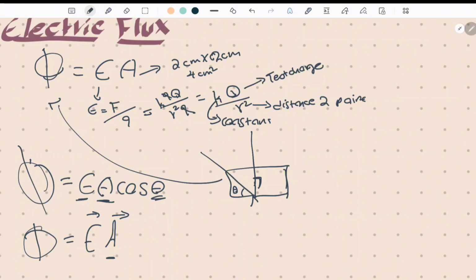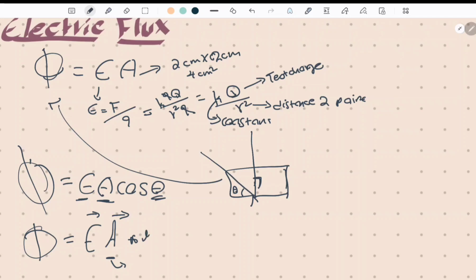So what can we say about the area vector? The area vector could tell us a lot about the flux. If it's on a flat surface, then it has the following properties. The first one is the magnitude is equal to the area of the surface.